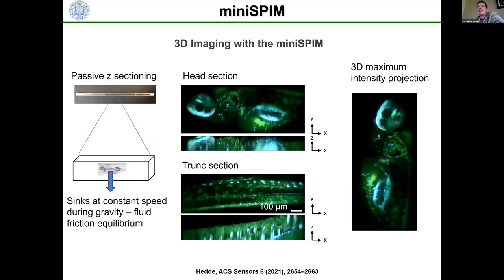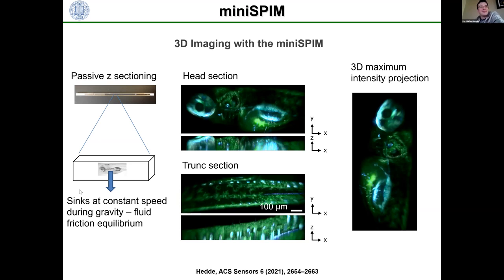So what about some other samples? What we also tried was just to put a zebrafish, which was actually unlabeled, in this capillary, and then imaged it, excited with 440 nanometer, exciting autofluorescence of the fish. Okay, but then in this case, you would only be able to image one plane. So what about 3D image data?